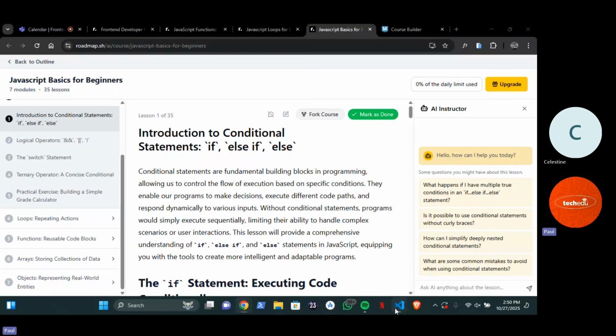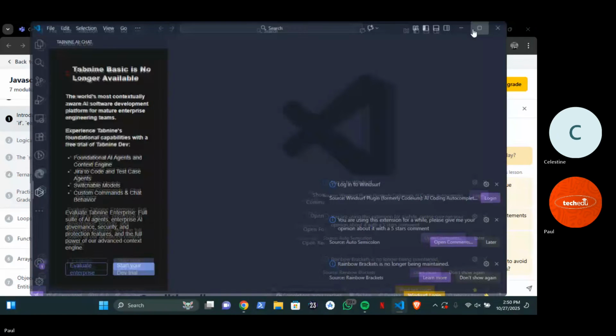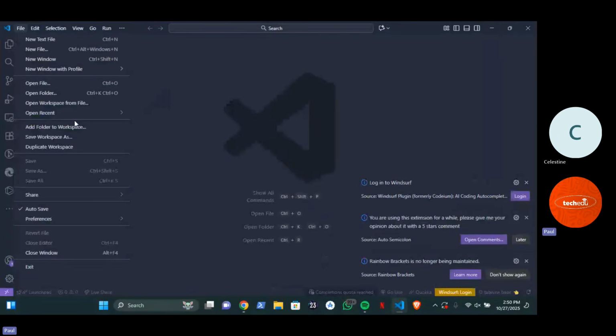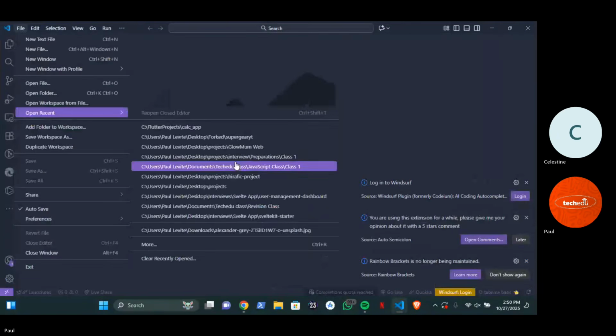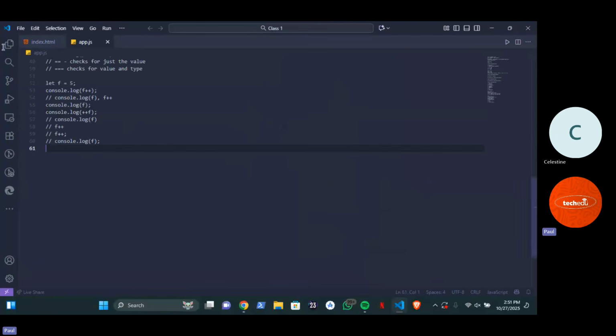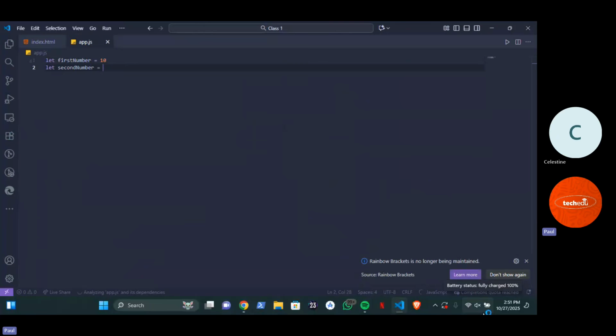Now, what am I saying? Let me give you an example. Let's say, let first number equal 10, then let second number equal 20.